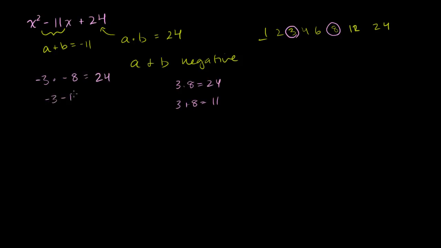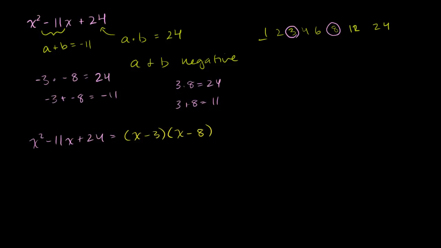Negative 3 plus negative 8 is equal to negative 11. So negative 3 and negative 8 work. So if we factor this, x squared minus 11x plus 24 is going to be equal to x minus 3 times x minus 8.